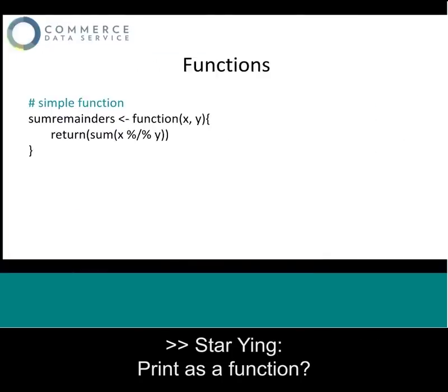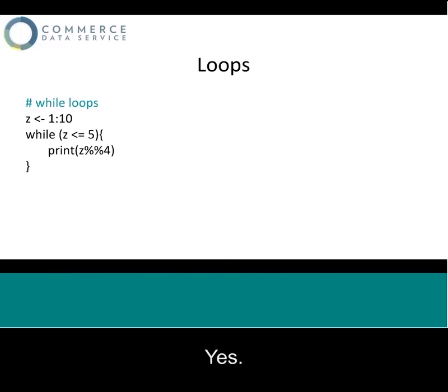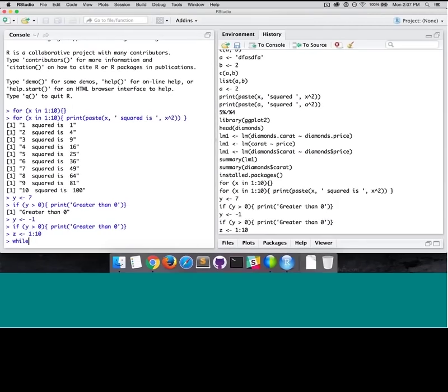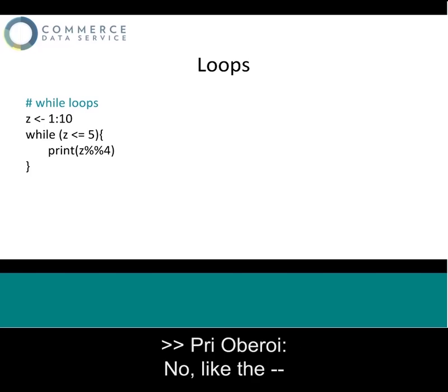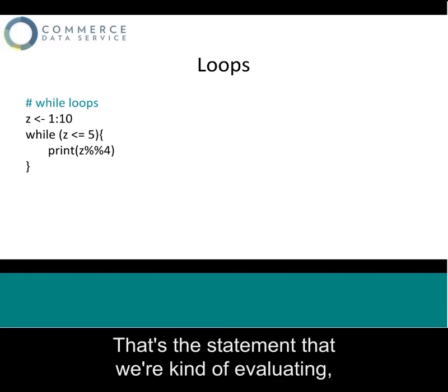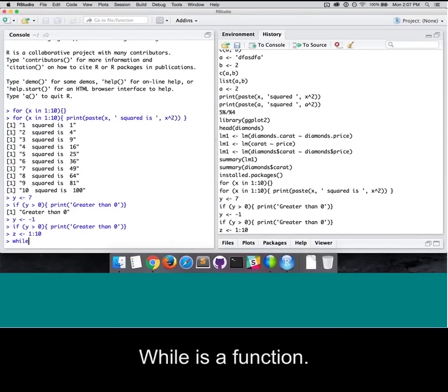Print is a function? Yes. Is everything a function? Like z is less than or equal to 5? That's the statement that we're evaluating. But print is a function, while is a function.